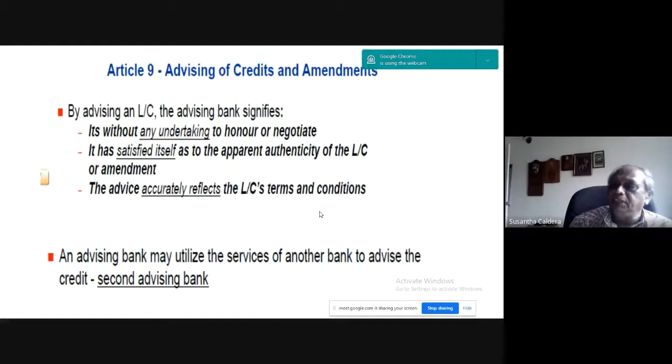So they used to send the LCs to Commercial Bank and Ceylon Bank for them to advise to us. So Cargills Bank was the second advising bank. But those people will send the LCs direct to Commercial and Ceylon.